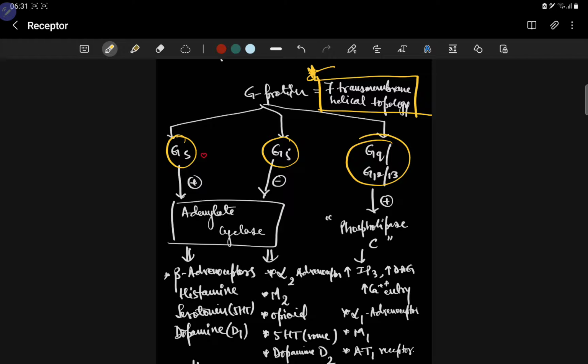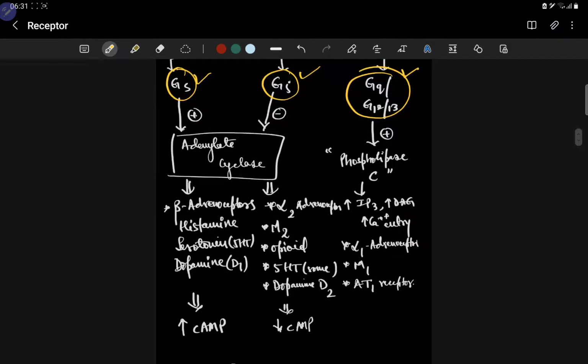What it means is G stimulatory, G inhibitory, Gq, G12 or 13. Now Gs and Gi activate or inhibit adenylate cyclase: Gi inhibits adenylate cyclase. And Gq, G12 to G13 activate phospholipase C. Now what phospholipase C does is increase IP3, DAG and calcium entry.